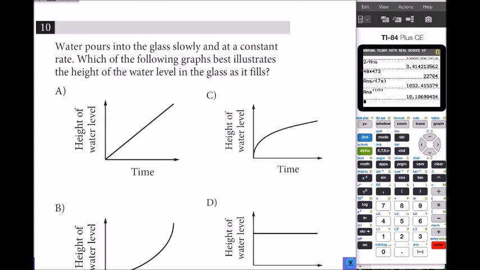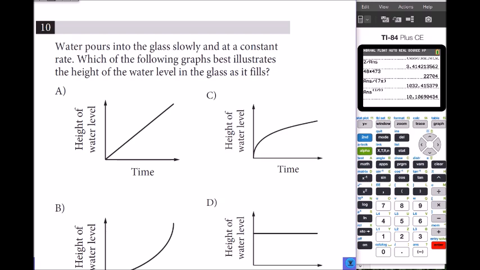10. Water pours into the glass slowly and at a constant rate. Which of the following graphs best illustrates the height of the water level in the glass as it is filled? What do you think?